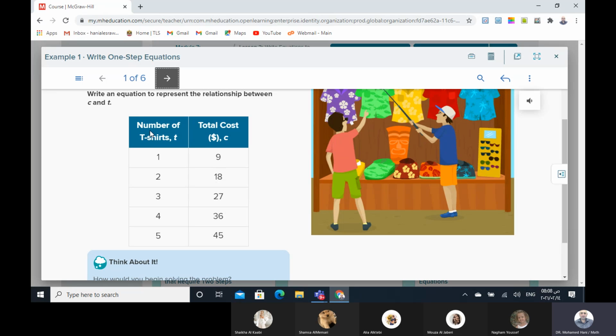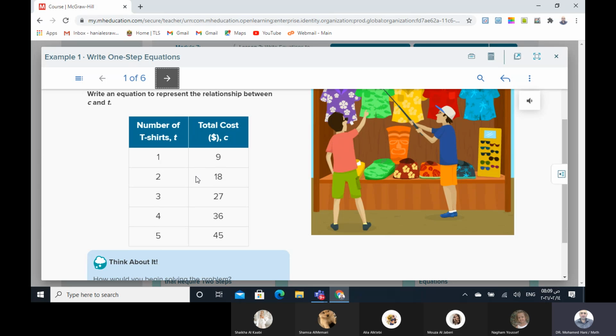The first column, number of T-shirts, represents the variable T. This is the independent variable. And here we have total cost, represented by the variable C. This is the dependent variable. Here you see when I have 1 T-shirt, the cost is 9. 2 T-shirts, the cost is 18. 3 T-shirts, the cost is 27. 4, 36, 5, 45. Who can tell me what is the relationship between T and C?